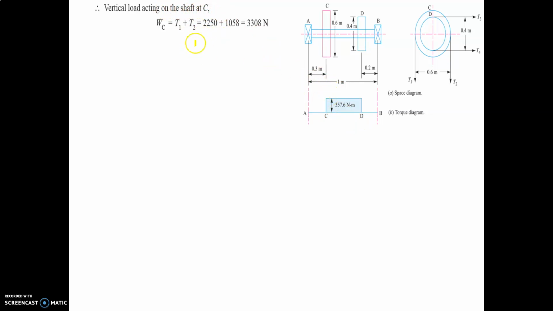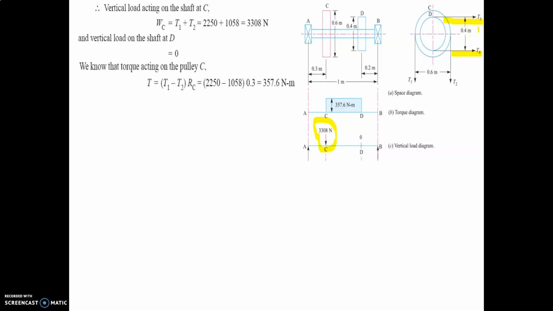The summation of these two tensions, that is T1 and T2. So we get 3308 Newton. Now the vertical load on the shaft at D is 0. No vertical load is acting here because we know that T3 and T4 are horizontal, because a motor is there and it is placed horizontally.